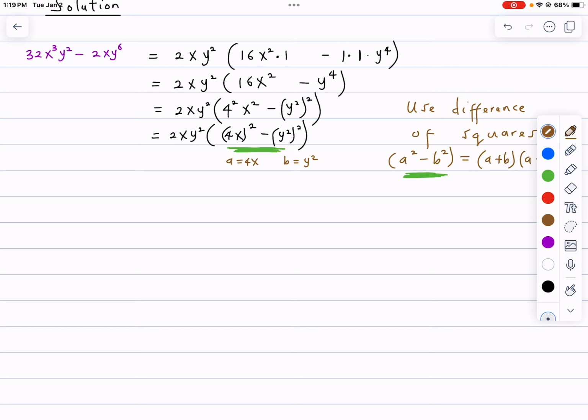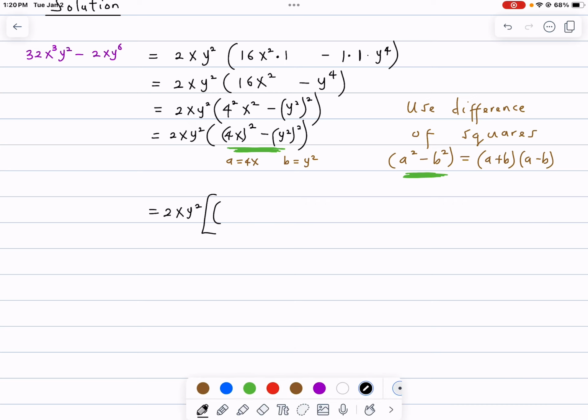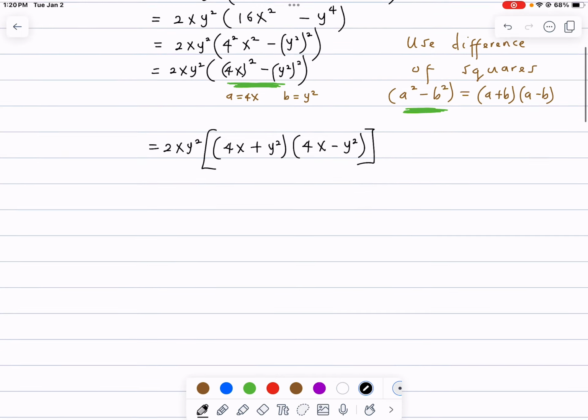So I can now apply the difference of squares. So I have 2xy squared, we'll leave that there. And the difference of squares says I have a plus b in parentheses and a minus b in parentheses. So my a is what? My a is 4x, plus b is y squared in parentheses, and I have 4x minus y squared in parentheses. And that's it.